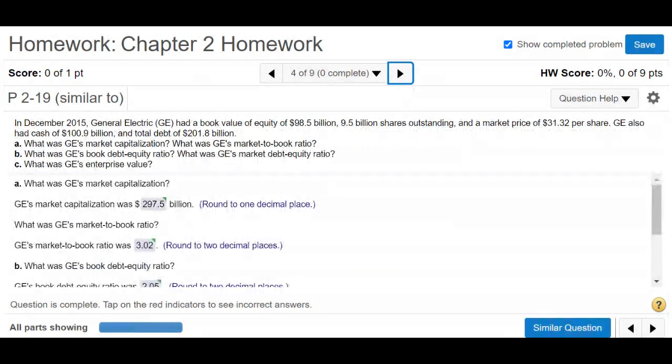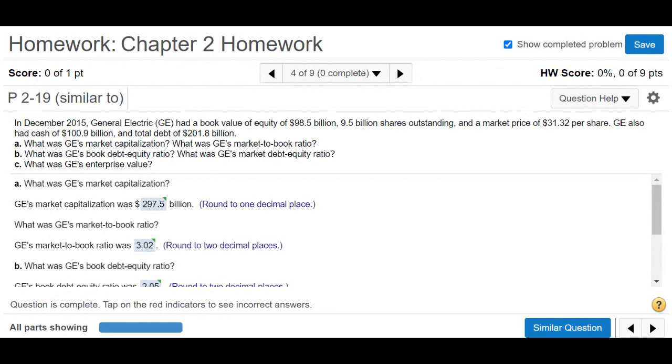All right. Now, if you take out your sheet, we're going to do this one together. First thing we're going to do is the market capitalization. We're going to calculate the market value of this company.